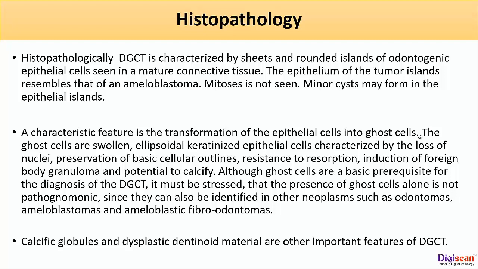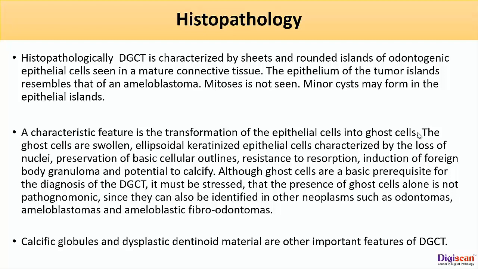Minor cysts may form in the epithelial islands. A characteristic feature is the transformation of the epithelial cells into ghost cells. The ghost cells are swollen, ellipsoidal, keratinized epithelial cells characterized by loss of nuclei, preservation of basic cellular outlines, resistance to resorption, induction of foreign body granulomas, and potential to calcify.